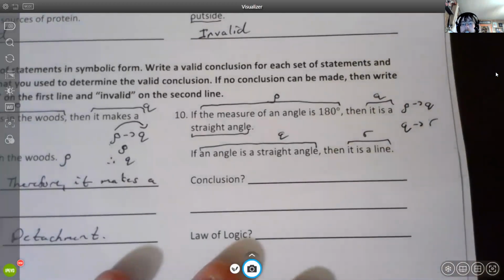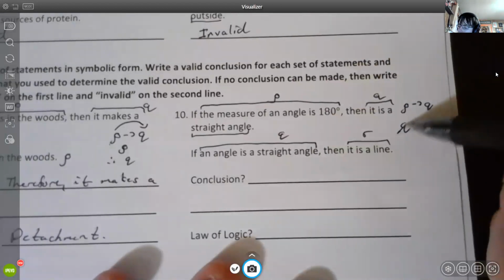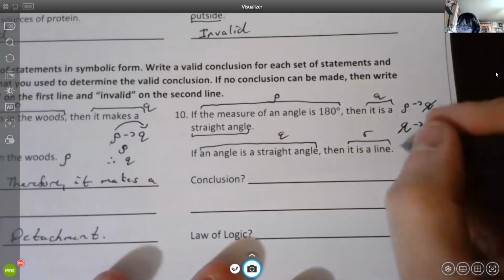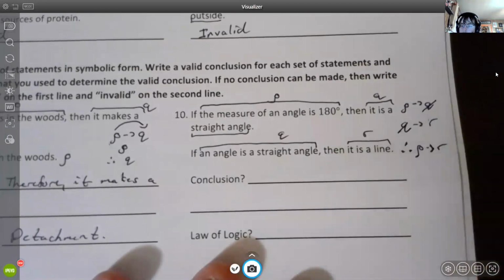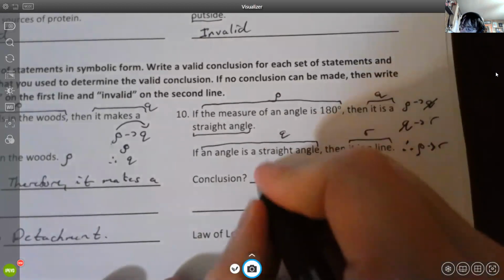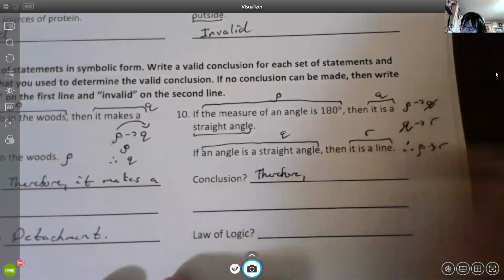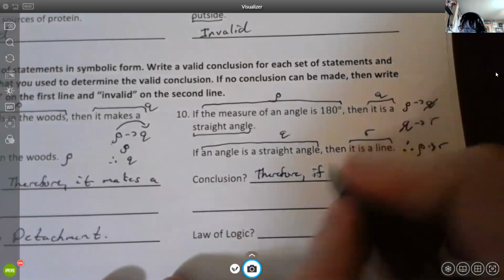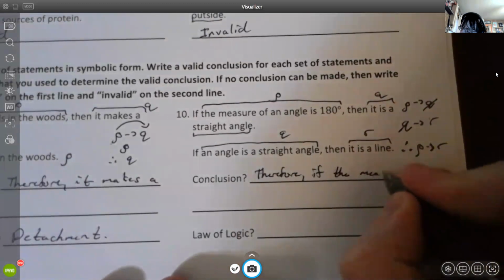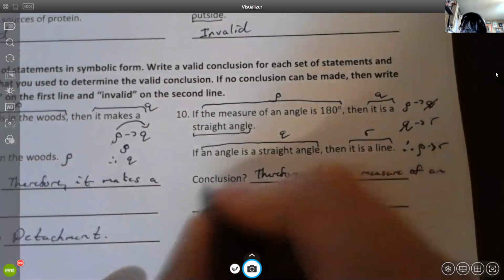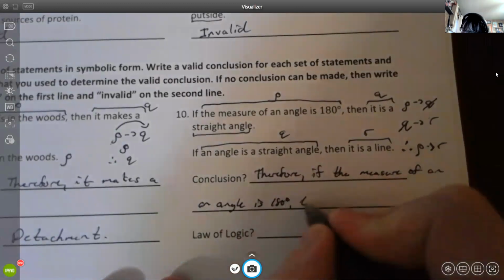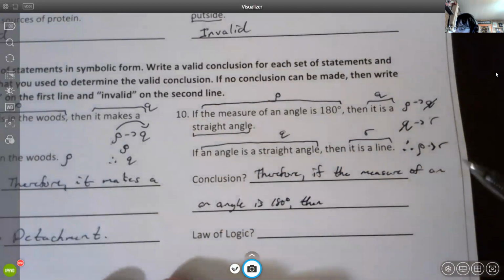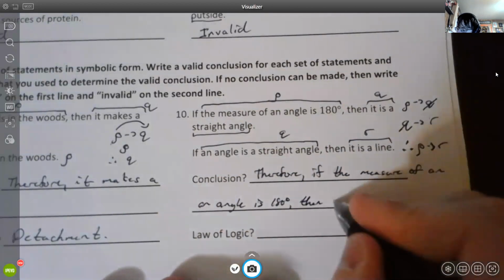So we have two if-then statements, so we need to see if the diagonals match. And if we look here, we see that the Q's match. So we can conclude that therefore P implies R. So writing that in symbols, we say therefore, if P, so P is the measure of an angle is 180 degrees, then R, and R is it is a line.